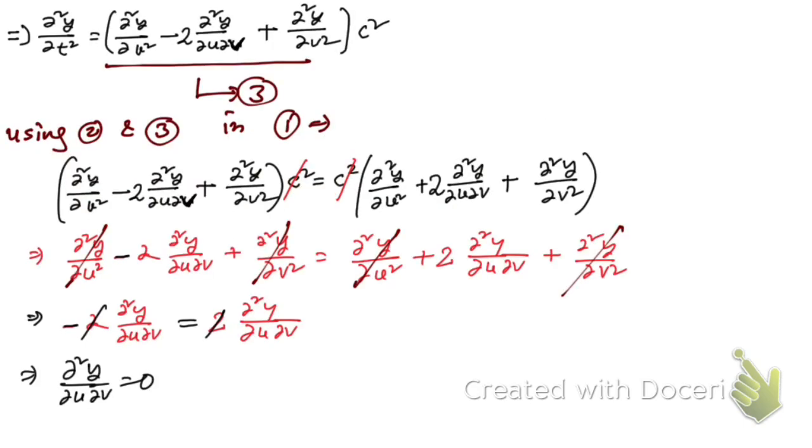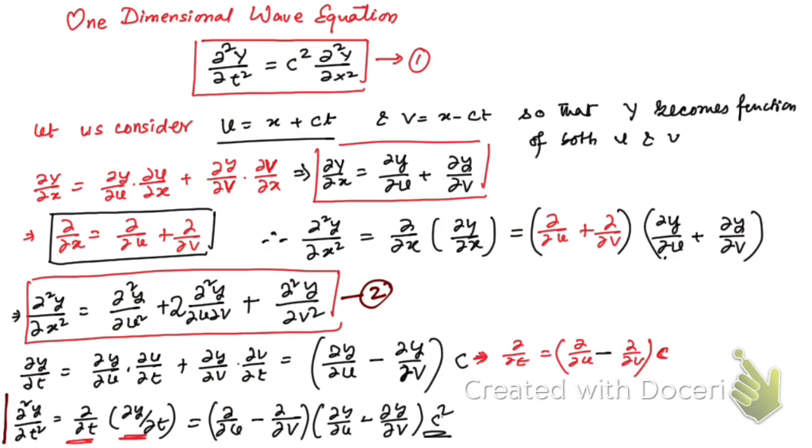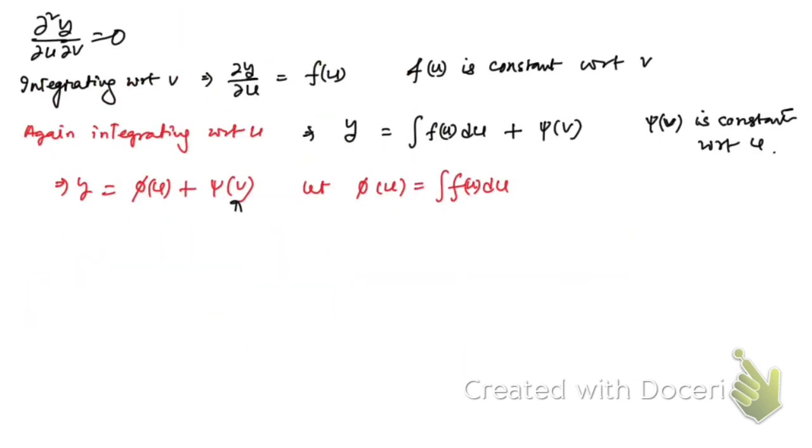Here you see in the previous first slide, this is u, this is v. So if we put those values here, then y is gonna be equal to phi, instead of u we're gonna write x plus c into t, then psi of, instead of v we're gonna write x minus c into t. That's what we're gonna have.